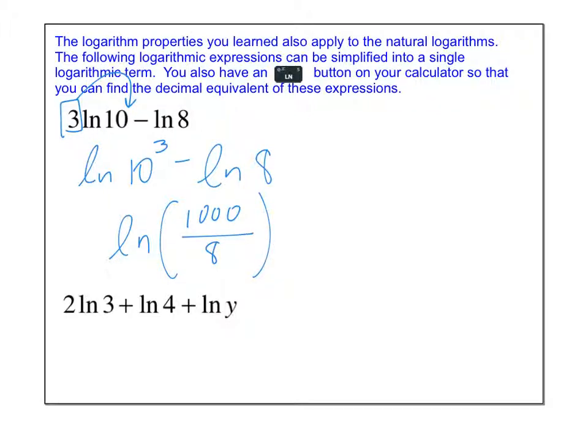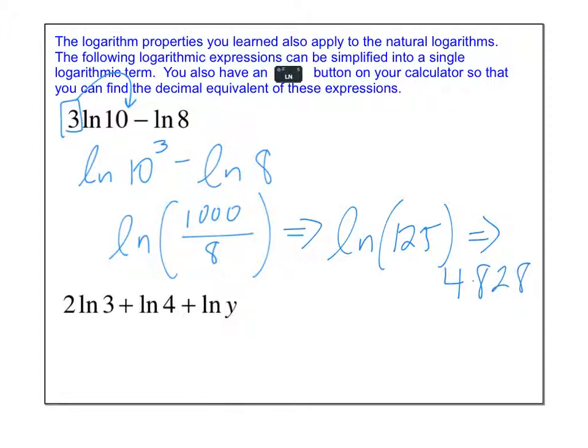Because of the subtraction sign, we can implement the quotient property. From here, we can take the quotient of 1,000 divided by 8, and you get 125. So the natural log of 125. On your calculator, the ln button is underneath the log button, and you can say the natural log of 125 is approximately 4.828.